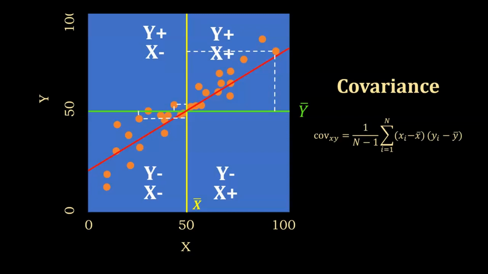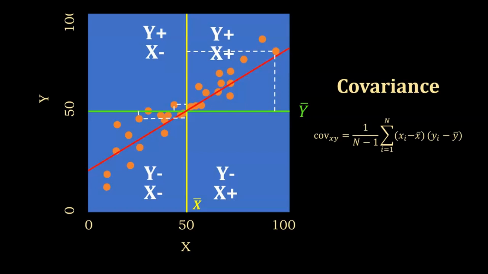So we've got, indicated in white dash, 3 observations, 3 orange dots, and the distance between them and the mean of x, and between them and the mean of y. So that value that indicates the distance is multiplied by the corresponding value of the distance with the other variable.